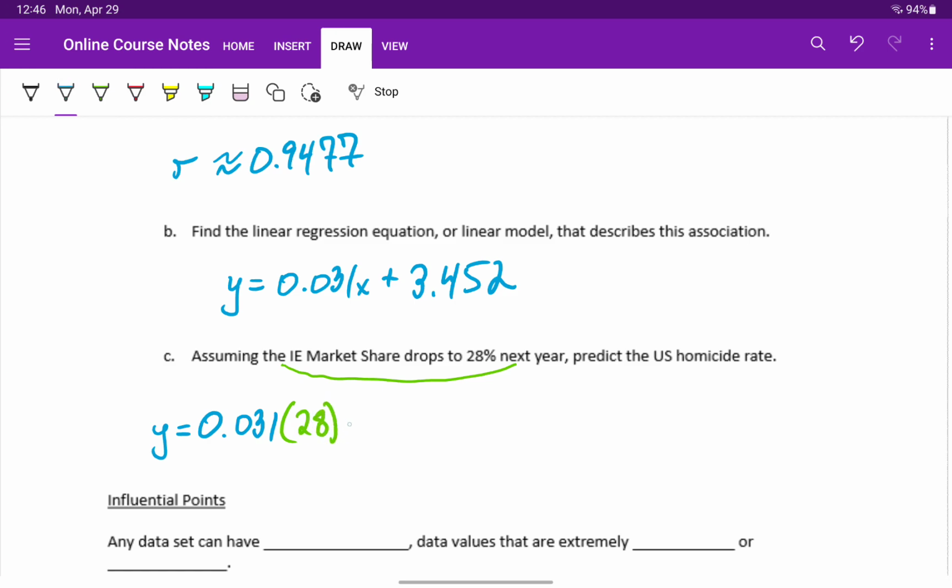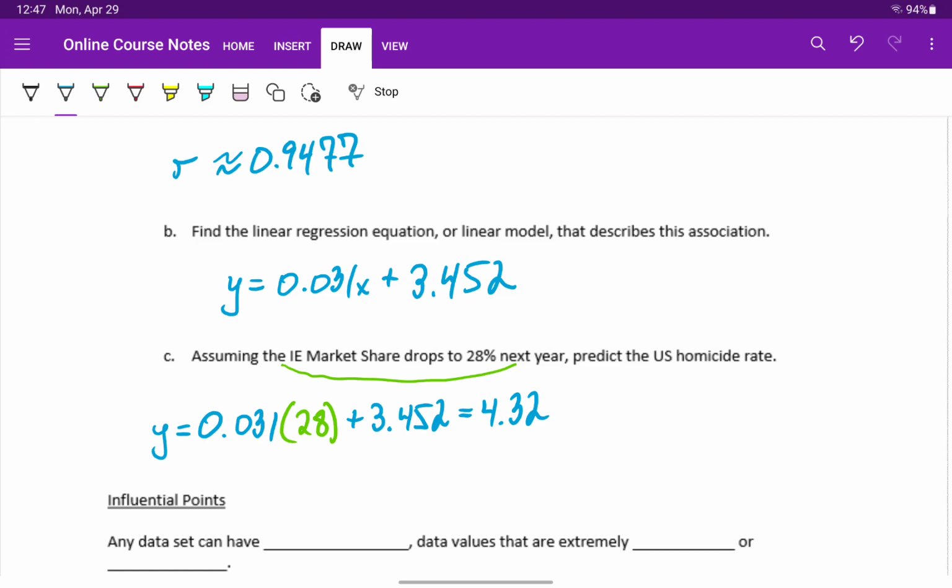So we'll multiply by 28, substituting that in for X, to get 4.32. So our model predicts that if the Internet Explorer market share rate dropped to 28%, then the US homicide rate would hit 4.32.